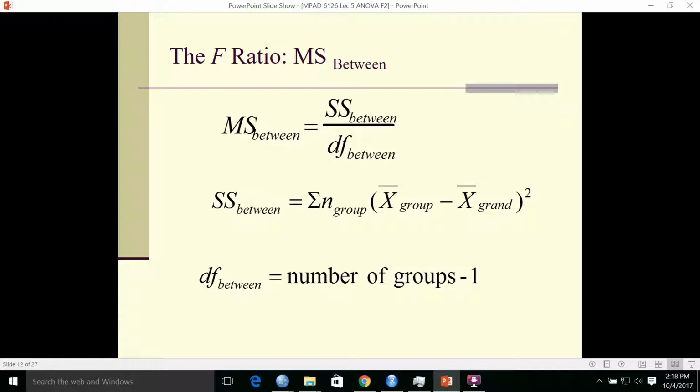And then the degrees of freedom is just the number of groups minus 1. This is also known as the numerator degrees of freedom.